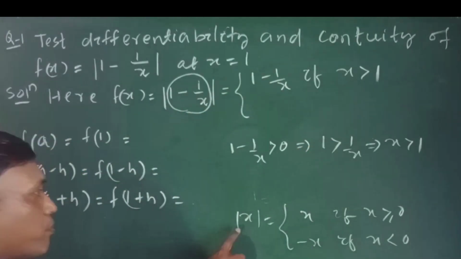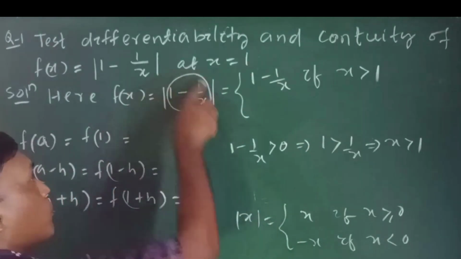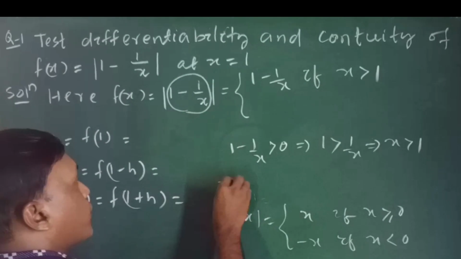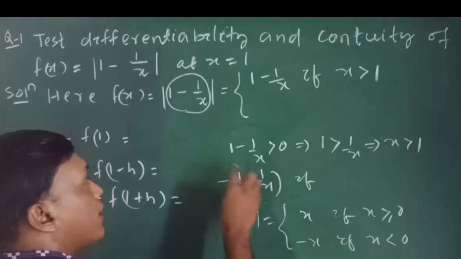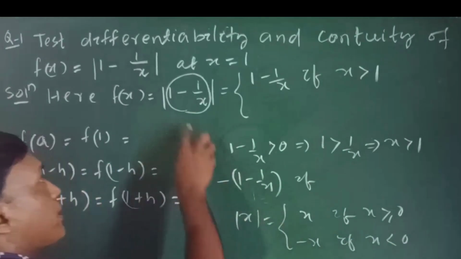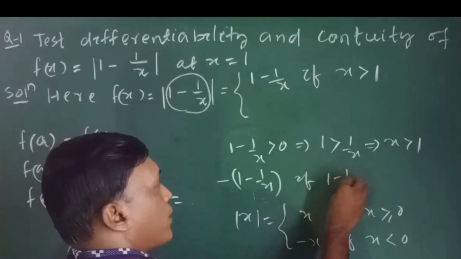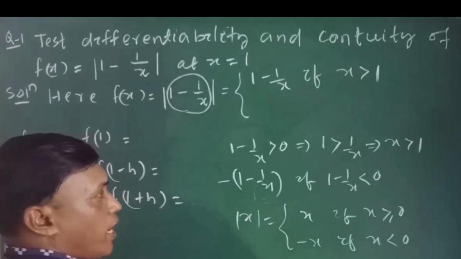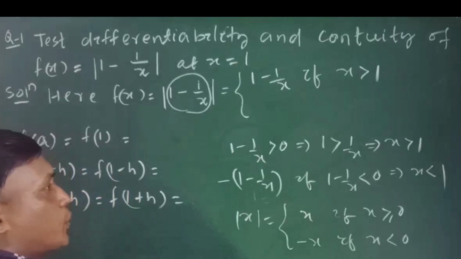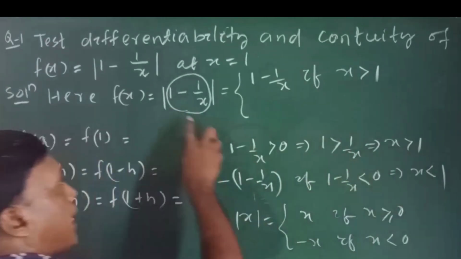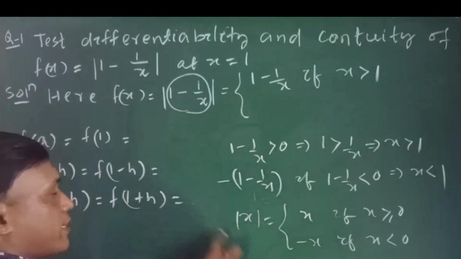And the second is mod x is minus x. That means modulus of this will be minus of 1 minus 1 by x when x is less than 0. That means 1 minus 1 by x less than 0. And इसे सॉल्व करने से कितना होगा? We get x less than 1. So if x greater than 1, the value of this is 1 minus 1 by x.